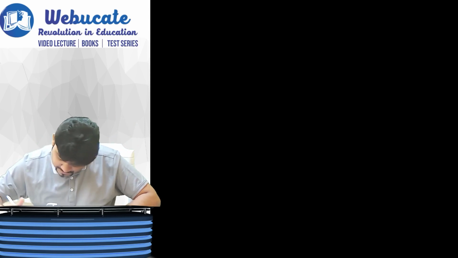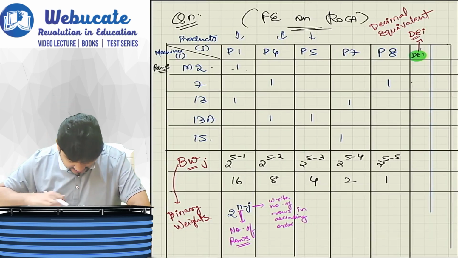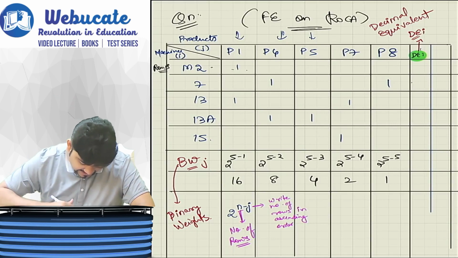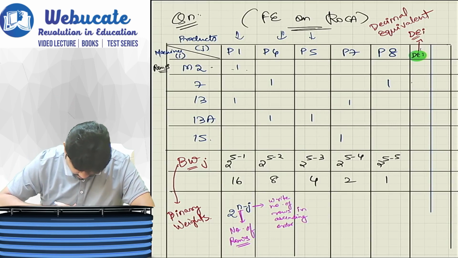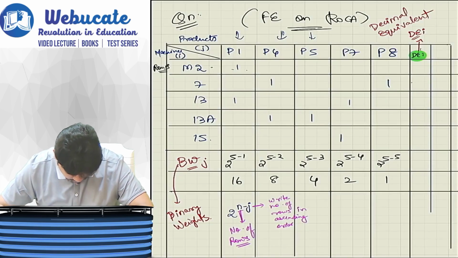So we are confused. Okay, I'll tell you. Don't worry. See, it's very easy. DEI is very, very easy. In fact, easier than BW also. So see here, I'll show you.